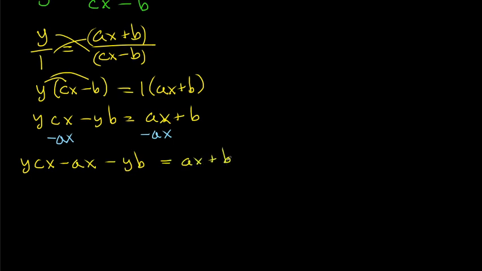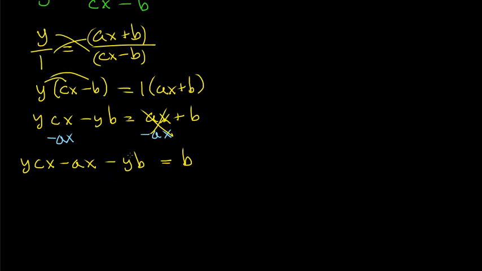Oh, I'm sorry. We subtracted, right? ax minus ax is 0. So the right side is just b. I canceled these. I subtracted them out. You get 0, and 0 plus b is b. Now notice that on the left side I have ycx minus ax minus yb, but this minus yb doesn't have an x in it.